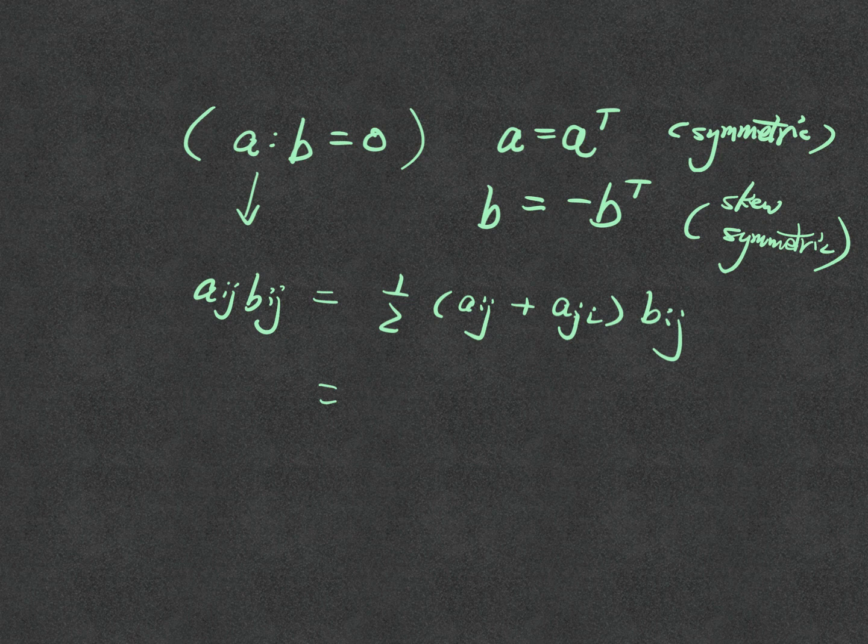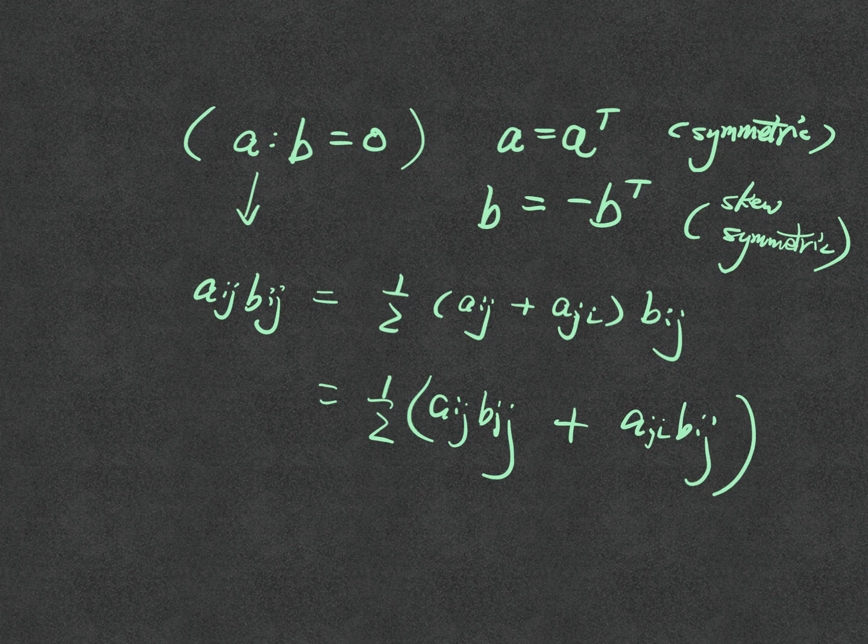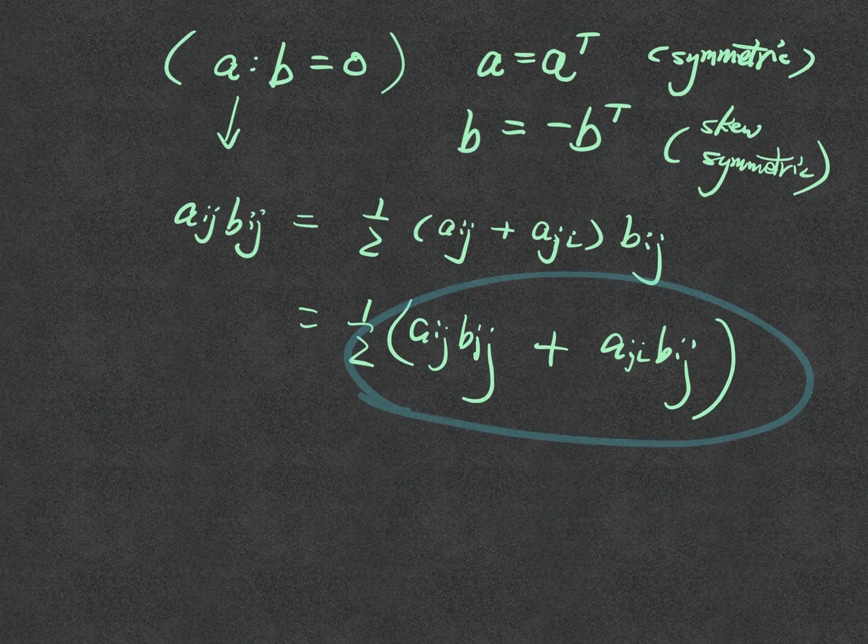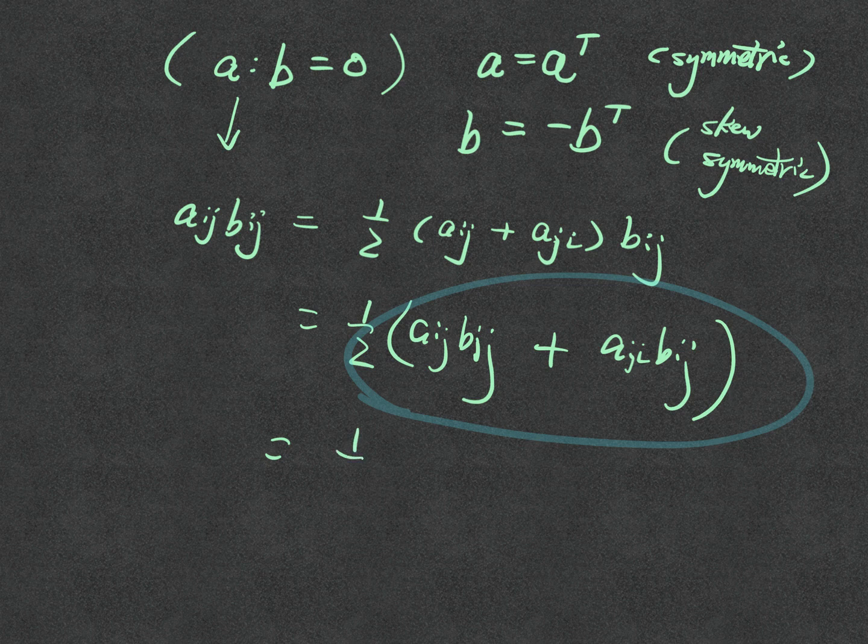Now, what this gives us is 1/2 of Aij Bij plus Aji Bij. Okay, so Aij Bij is equal to this quantity, and this is equal to 0. Why? Because B is a skew symmetric tensor.